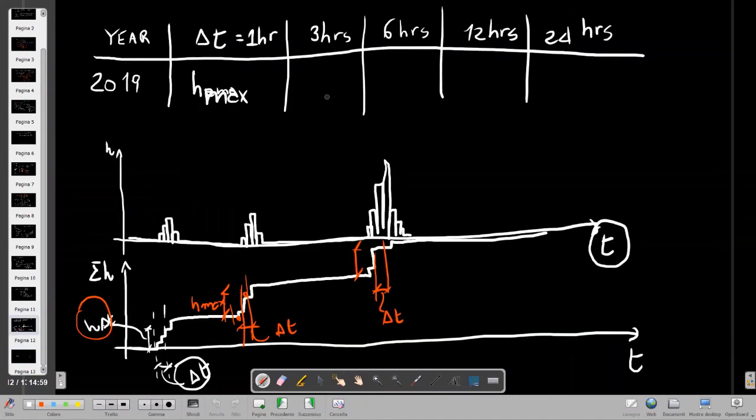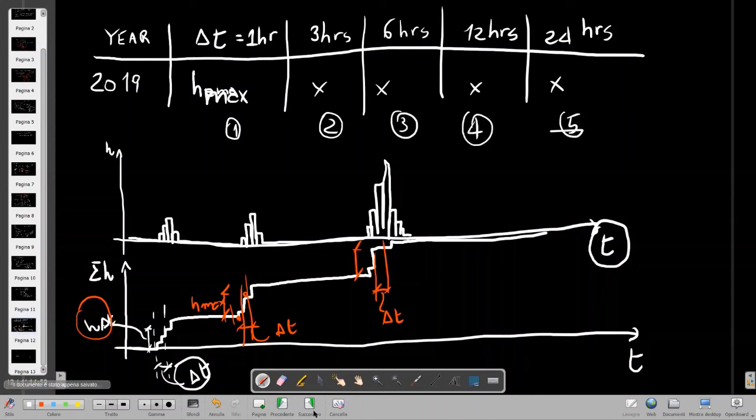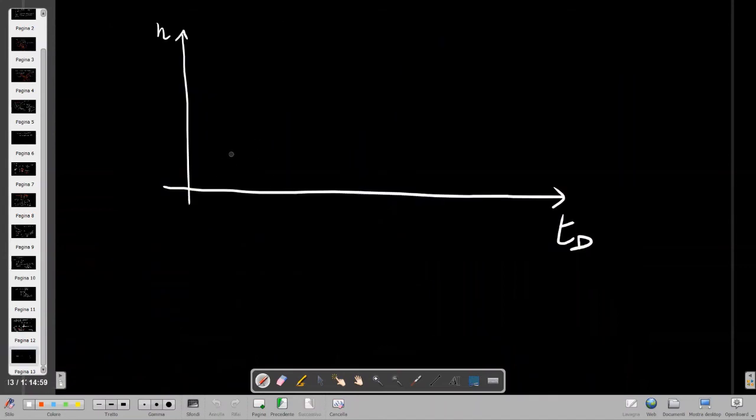So we take these values, and we put them on this plot. So we have the duration of 1 hour, the duration of 3 hours, the duration of 6 hours, the duration of 12 hours, and finally the duration of 24 hours.